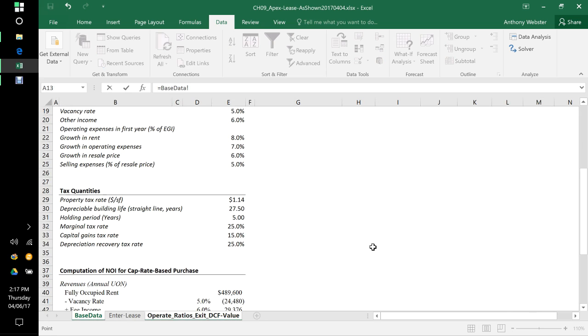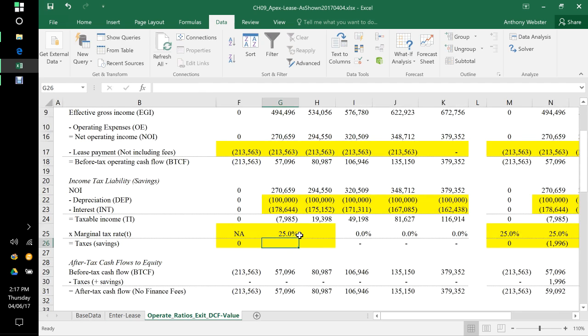Marginal tax rate is a synonym for income tax rate, and I find it here in base data. Here I'll just say equal to that one, and they're all the same. It's nice to explicitly put that tax rate in every year, because that way if the tax rate changes from year to year, we can make that change easily without having to redo our whole model from scratch.